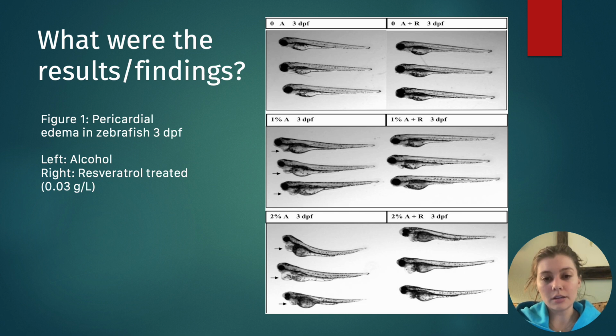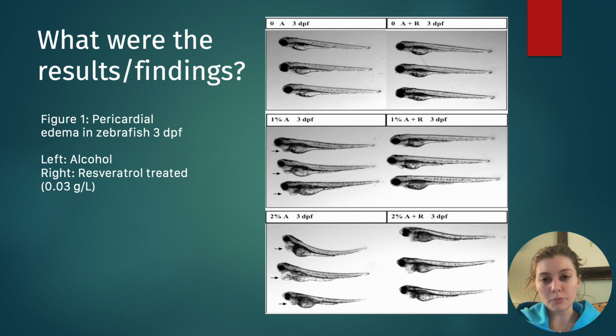On the right-hand side, they added the resveratrol in the 1% group, which is the figure in the middle on the right. There were signs of improvement from the middle figure on the left. For the 1% group, the A plus R is how it's identified on the graph.